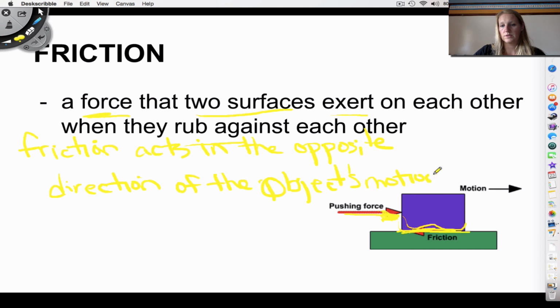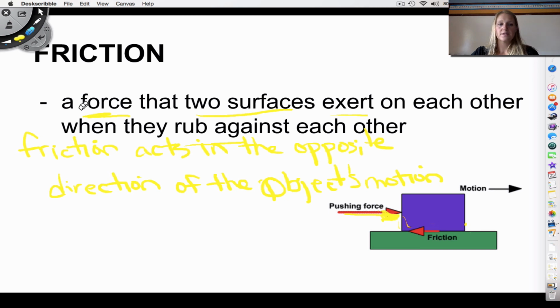You saw here, and I covered it up because I was doodling a little bit, that the pushing force, this box is trying to move this way. The motion is in that direction, but the friction is acting in the opposite direction. So that's what that is showing you there.